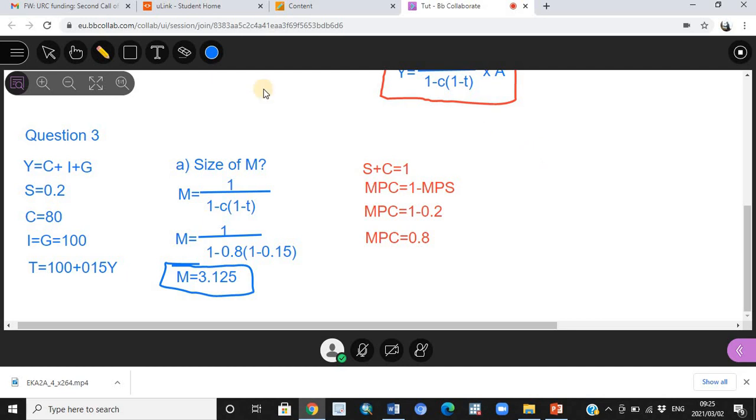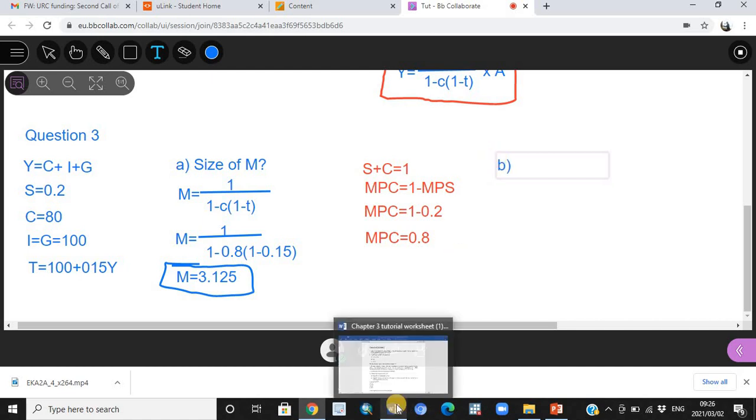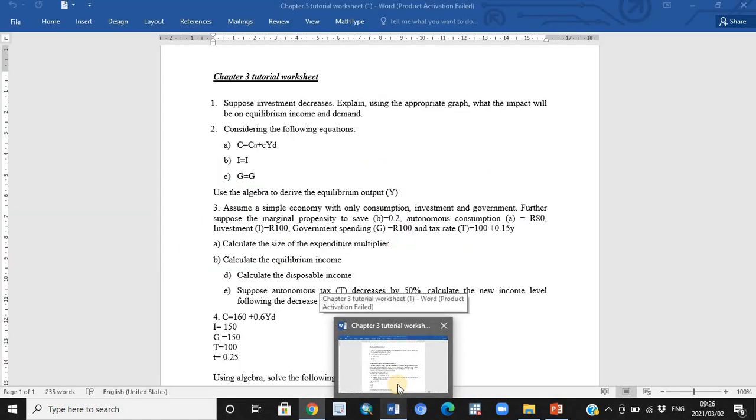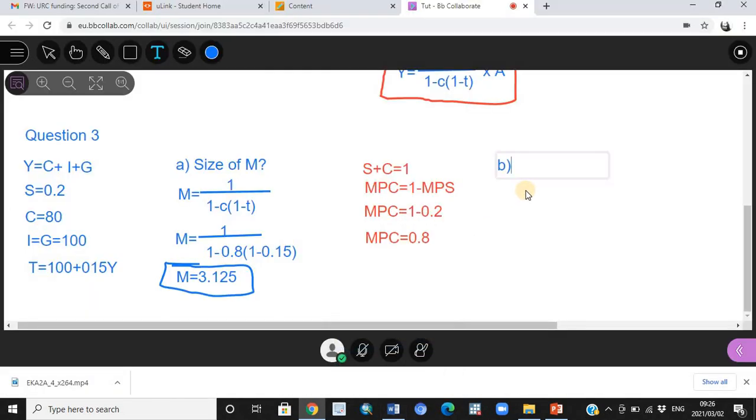What does B say? Let's say B. Calculate the equilibrium income. Okay, it's fine, no harm on this. We already know our M. For us, here we are looking for Y is equal to question mark.